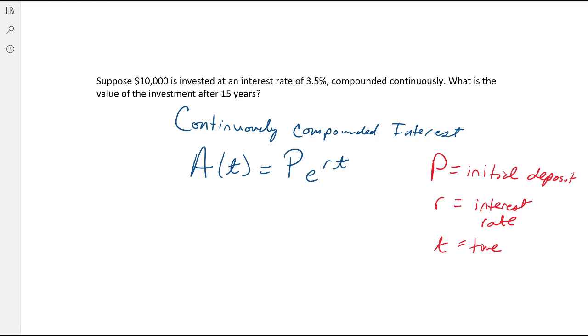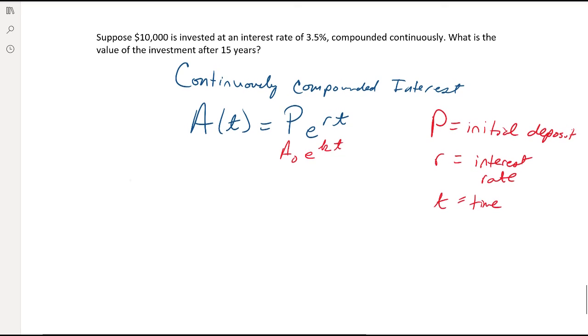So yes, folks, this is the exact same thing as A0 e to the kt, except A0 is your initial deposit, and k is your interest rate, because that's how your money is growing based off that interest rate. So with that being said, let's figure out the amount in our bank account after 15 years.